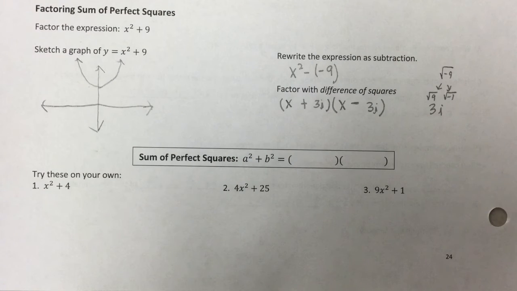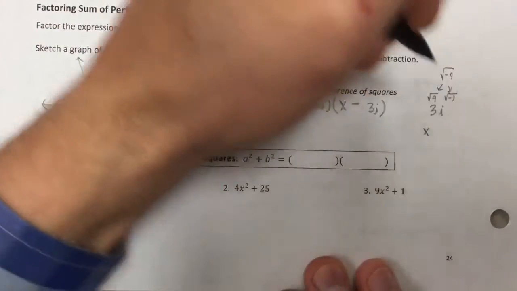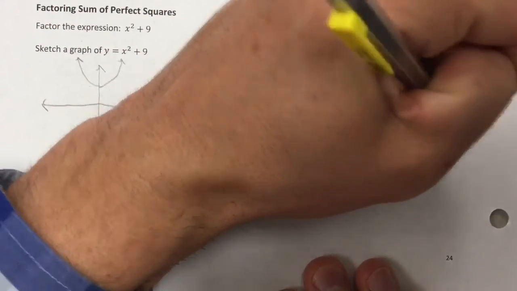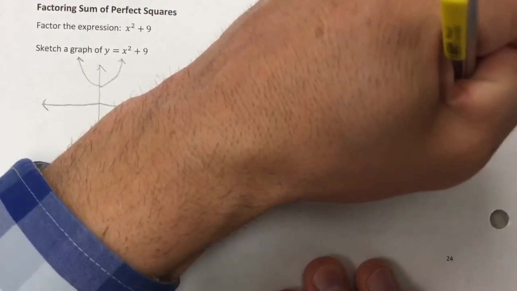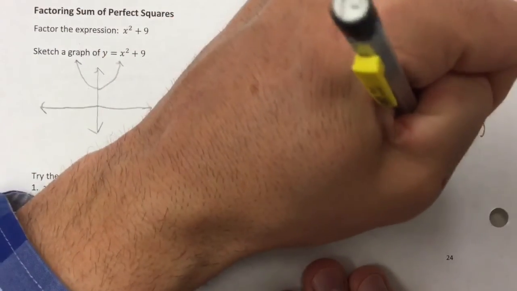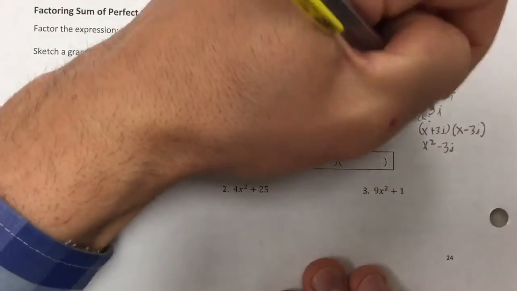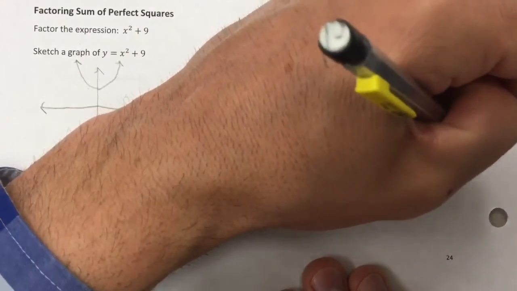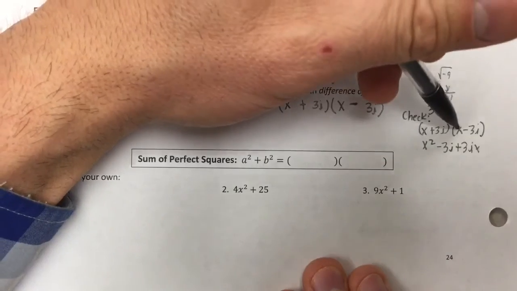Now you might say to yourself, how do we know this works? Well, if I FOIL this out, I should get x squared plus 9. So this is a check: x plus 3i, x minus 3i. If I FOIL this, first is x times x, which is x squared.